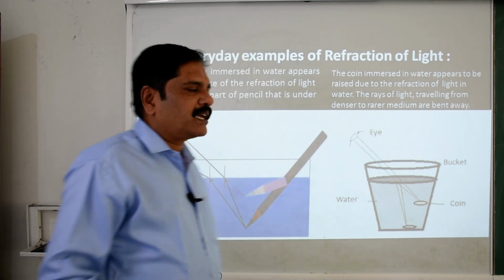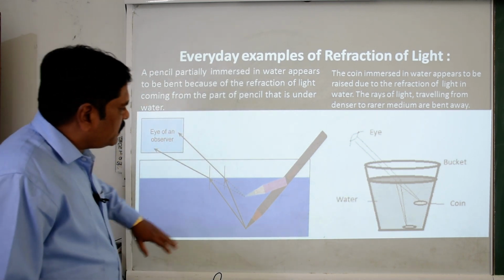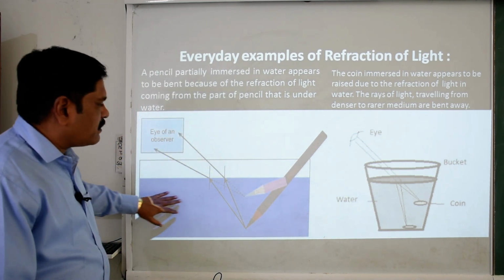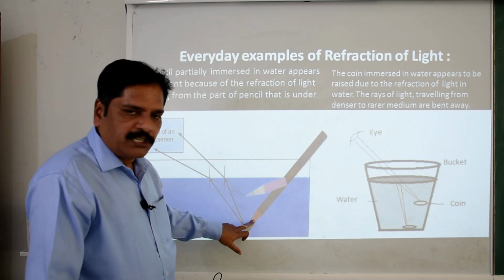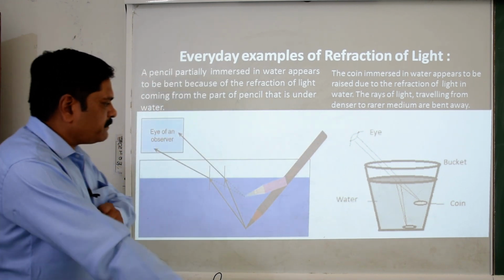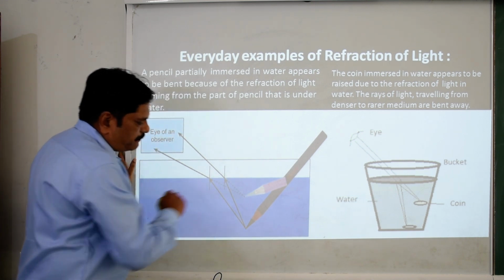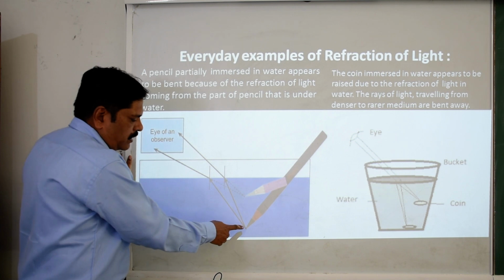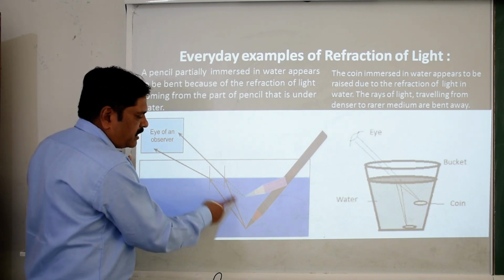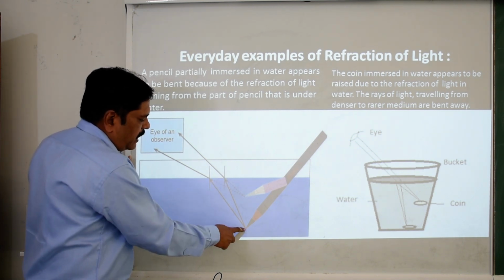Clear? So whenever you go to any such places, just try to find out the reason behind it. Now here you can see a glass container filled halfway with water, and this is a pencil dipped in water. So what happened? From this point, take these two different light rays which are rising from this point. This one and this second one.